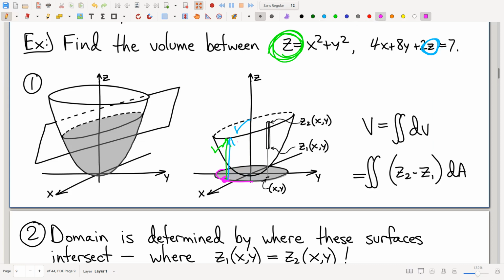Right? So I'm looking for where the green height and the blue height are the same. So I'm looking for where this and that are equal.